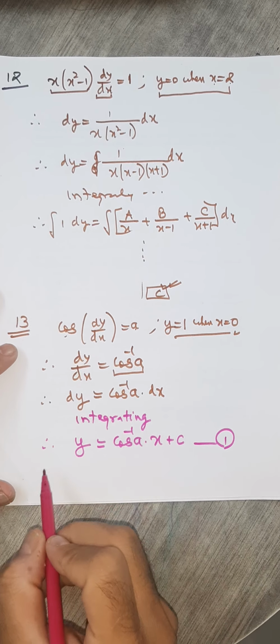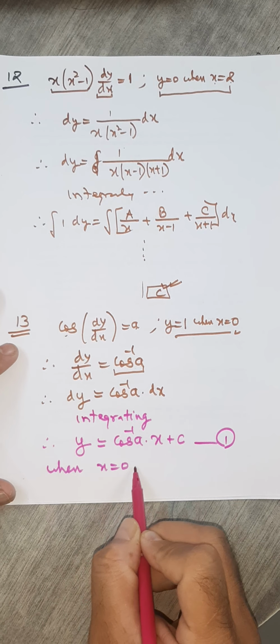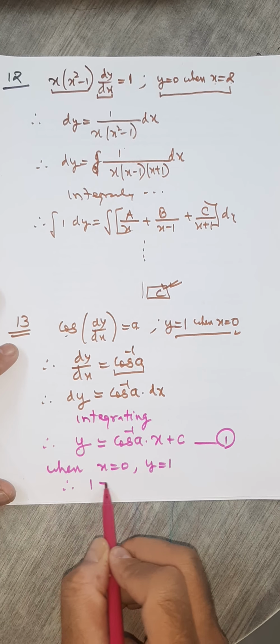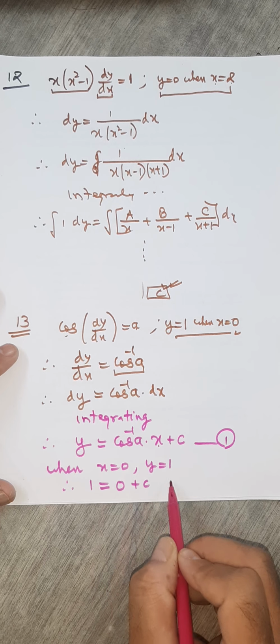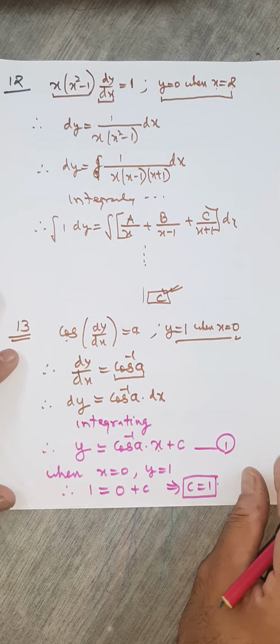What I'll do now, use the condition when x is 0, y is 1. So here y is 1, x is 0 and plus c. So we'll get the c equals to 1. Now where we put c? In equation 1. So we'll get the particular solution.